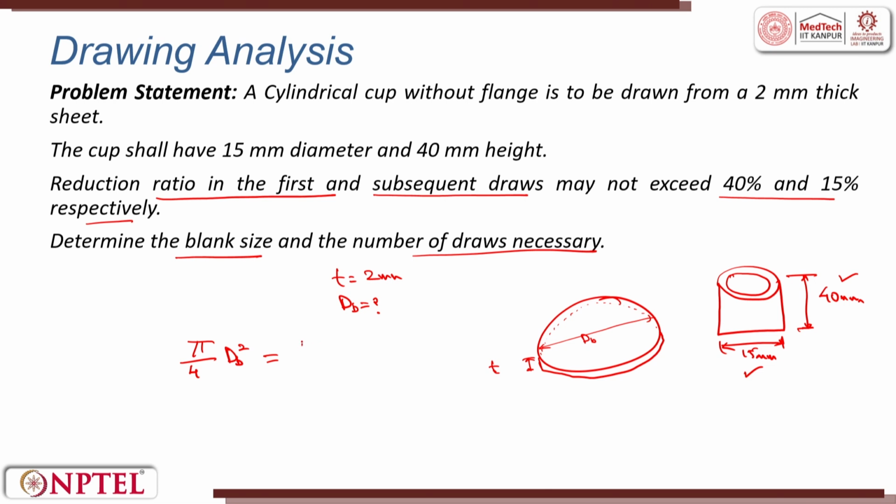Surface area of cup would be pi by 4 d square, I just put it as the cup diameter as small d, plus the surface area of the cylinder, that is the outside area of the cup, that is pi dh. So this is blank and this is cup.